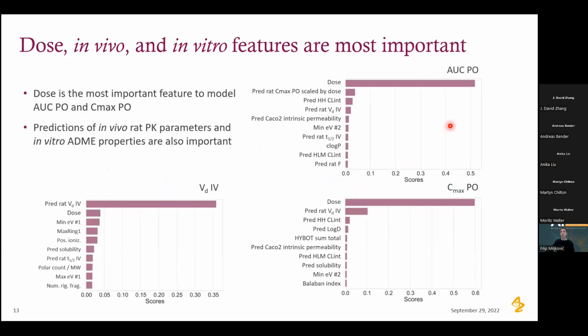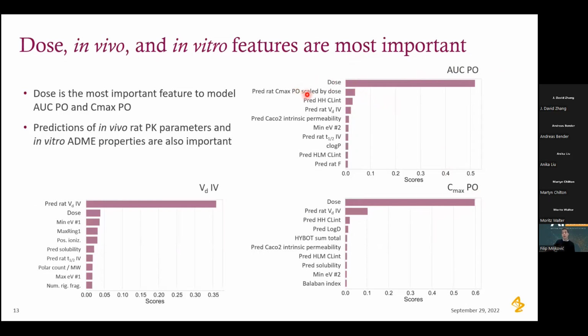Of course, the random forest is convenient for several reasons, one of them being able to extract the feature importances. And as you can see, for AUC-PO and Cmax-PO, as dose-dependent PK parameters, the dose was the main feature driving the model predictions.